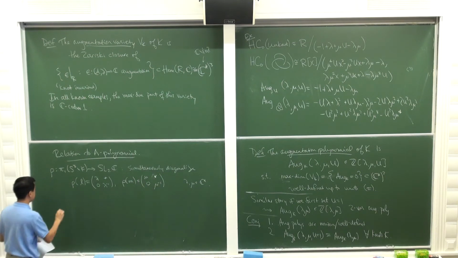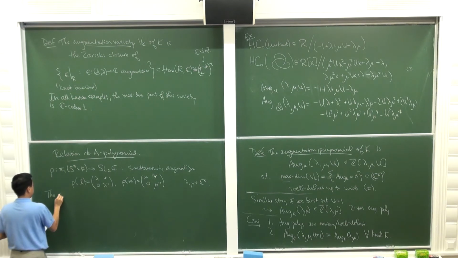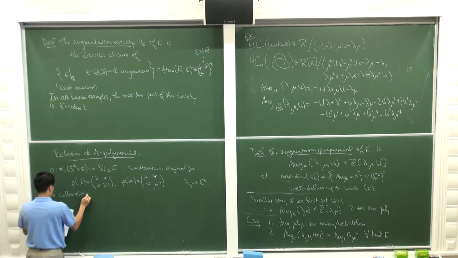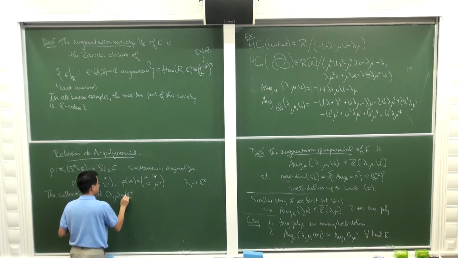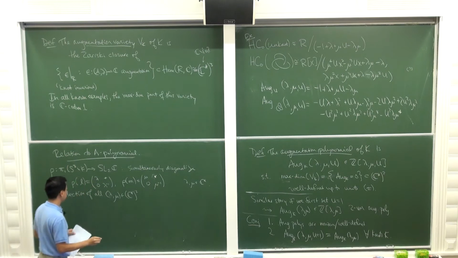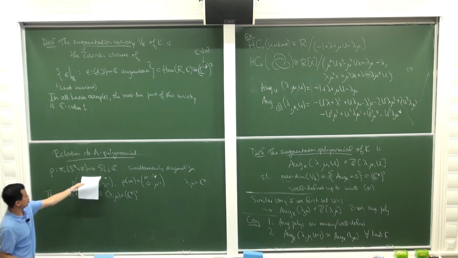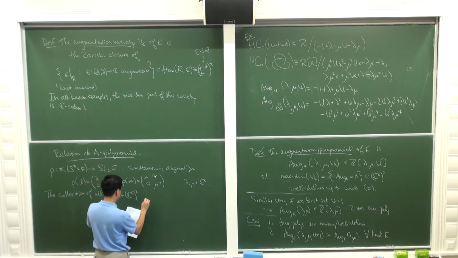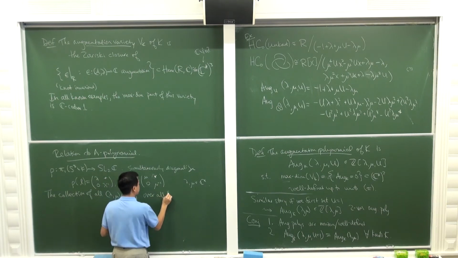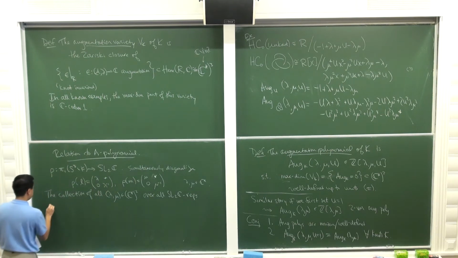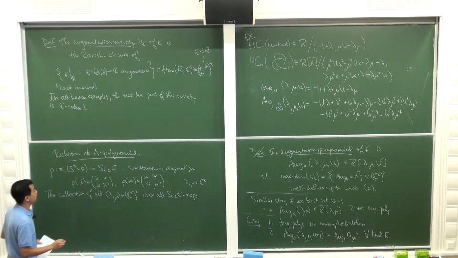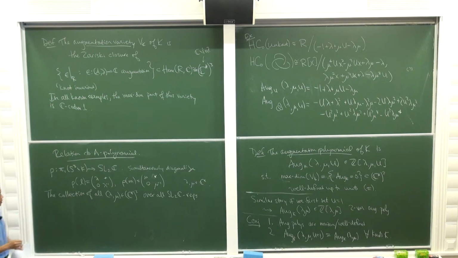So the collection of all lambda, mu in C star squared, where you let rho go over all possible SL2C representations, is some subset of C star squared. And just like up here, this is an algebraic subset once you take its Zariski closure or maximal dimensional parts, whatever.